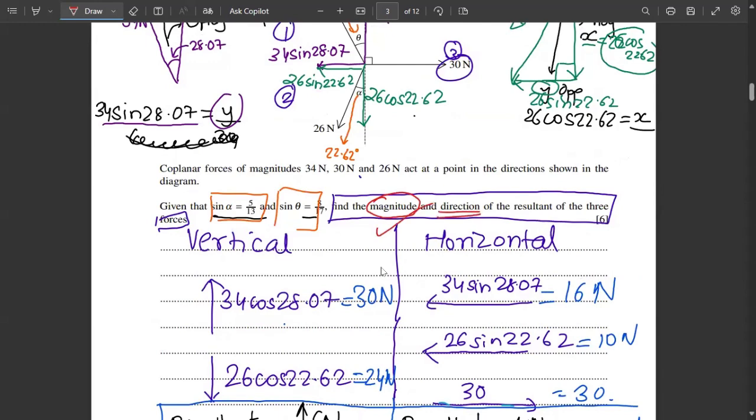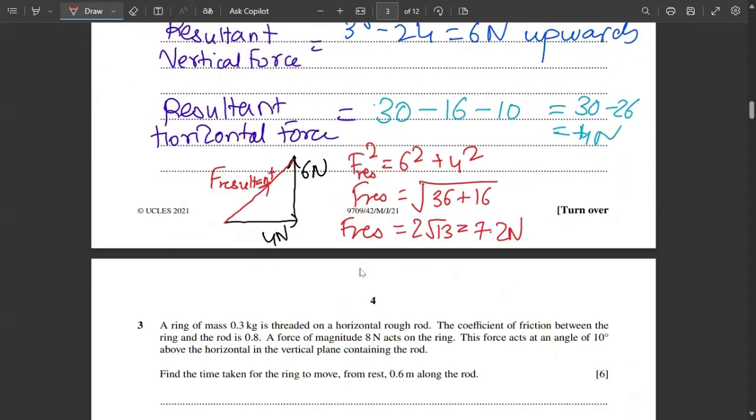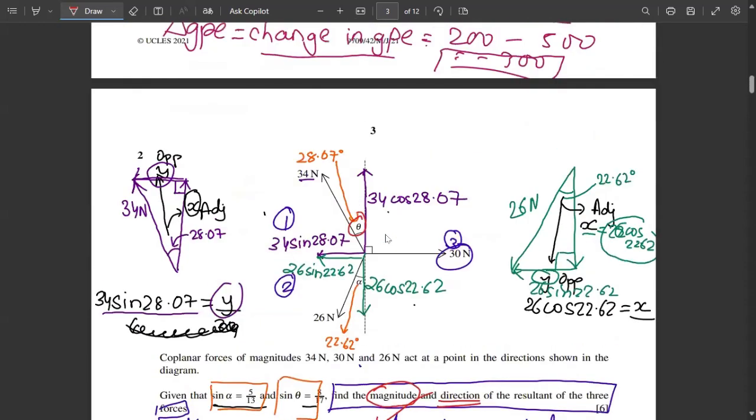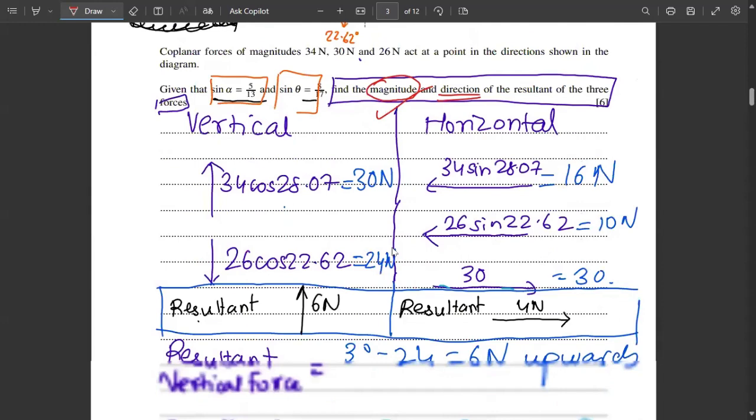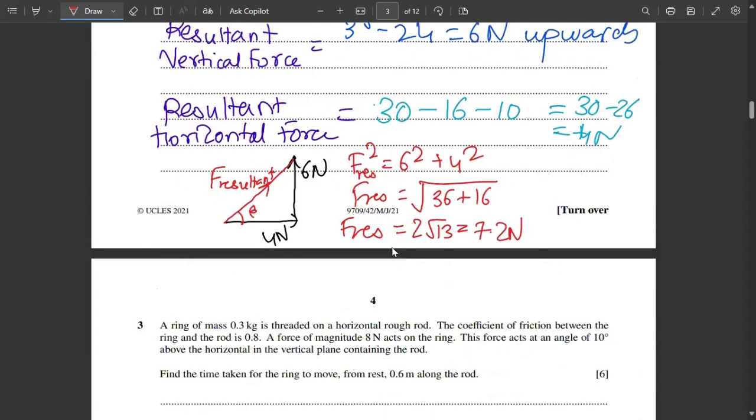Now we also need to find the direction. So direction will be this angle. Theta we can't use, alpha we can't use, we can use beta. This is angle beta. So we can use trigonometry. Tan beta is equal to opposite upon adjacent, because this is the hypotenuse side, which is 6 upon 4.